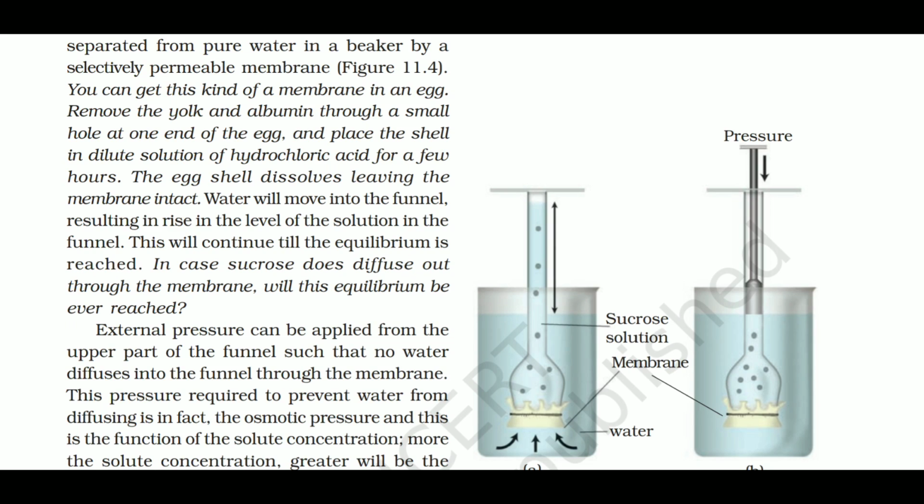In the center funnel we have the sucrose solution and outside we have the pure water, separated by a semi-permeable membrane. You can see it is tied near the funnel and beaker.